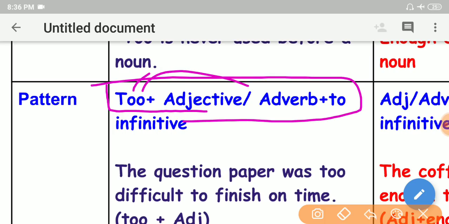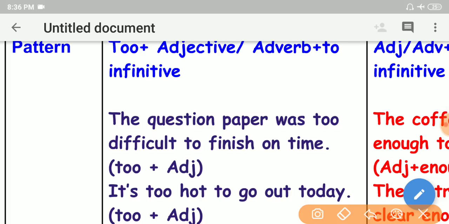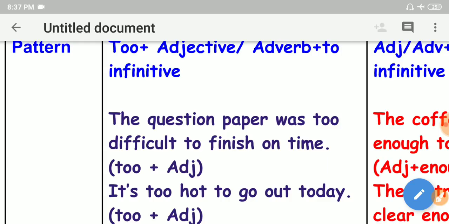Too is used before adjectives or adverbs, followed by an infinitive. This is one pattern. For example, the question paper was too difficult to finish on time. Difficult is an adjective, and "to finish" is the to-infinitive. This is one of the most regular patterns used with the word "too".